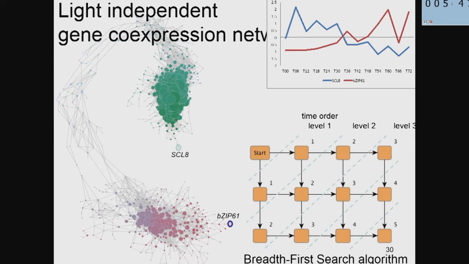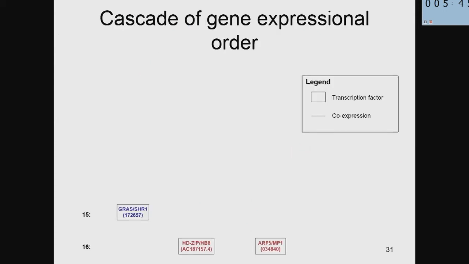So we have the time course. And as I mentioned to you, we want to look at the upstream genes of SHR, the upstream genes of HB8, and the upstream genes of MP1, okay?